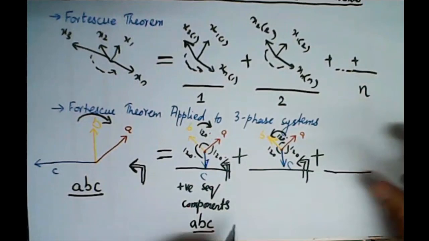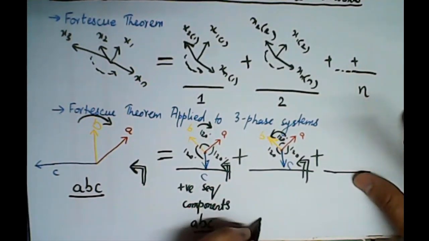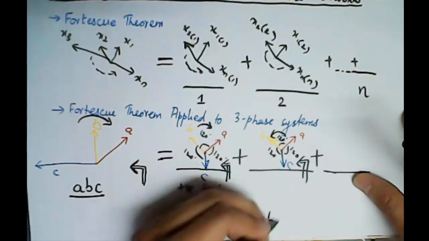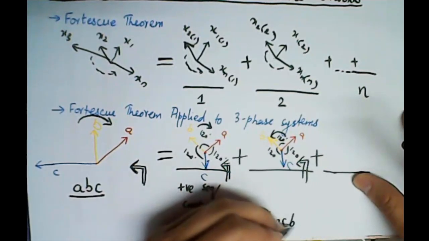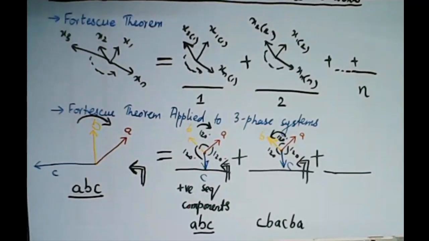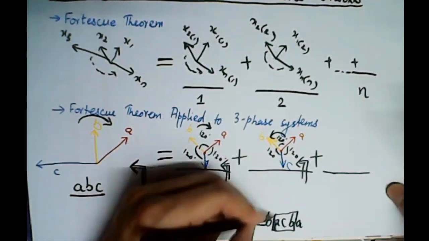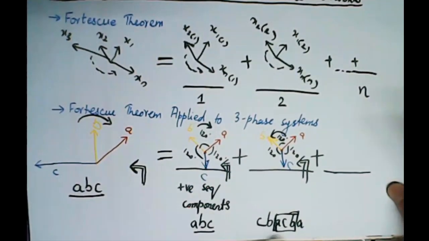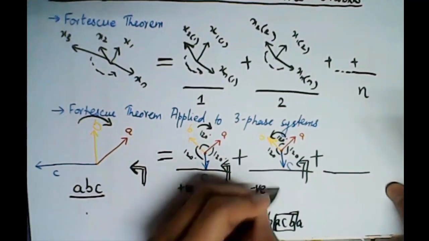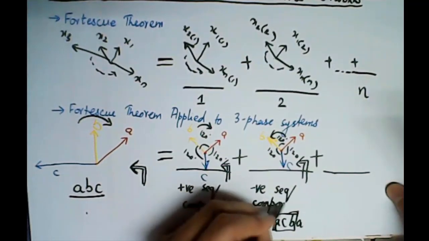So the first phasor that comes is C here, then comes B, and then comes A. C, B, A, C, B, A. Now since our reference has got to be A, here the phase sequence is A, C, B, and you can see that it is opposite as compared to the original set of phasors, and that is why it is referred to as negative sequence components.